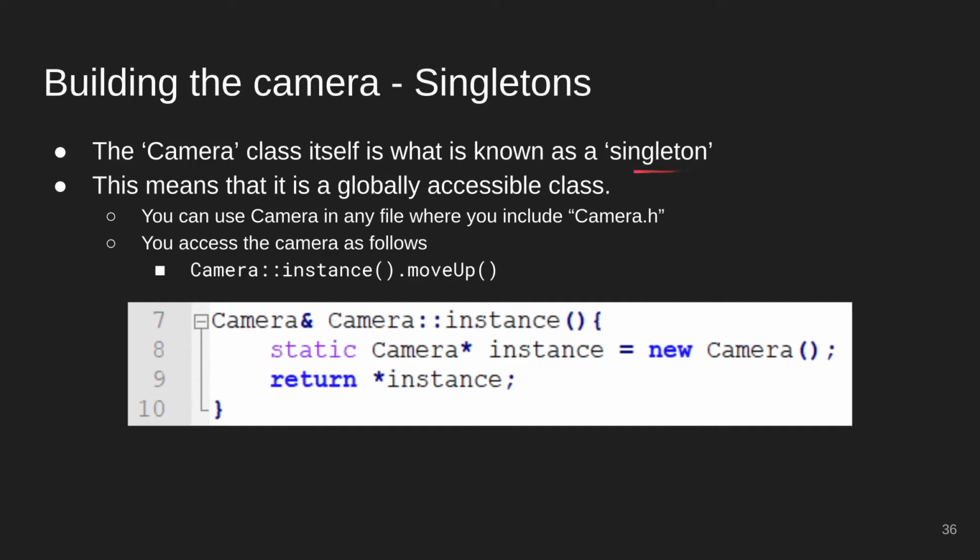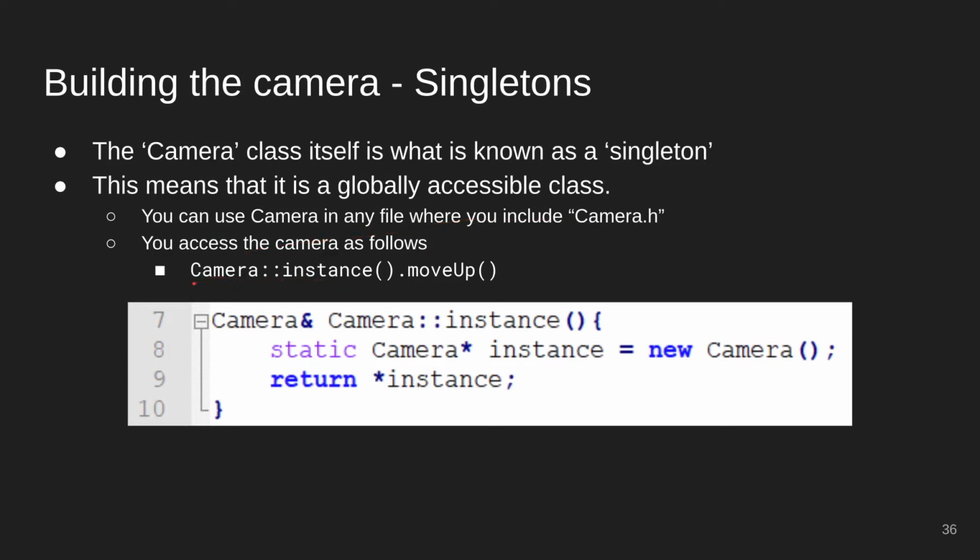It's a cool design pattern that has uses and reasons not to use it, but it basically means our camera becomes globally accessible, and we only have one camera total in our scene ever. So we can only instantiate this camera one time. Anywhere that you include camera.h, you get access to the camera.